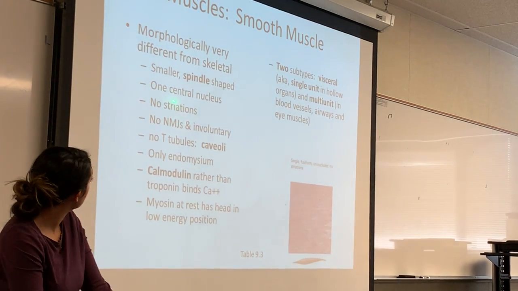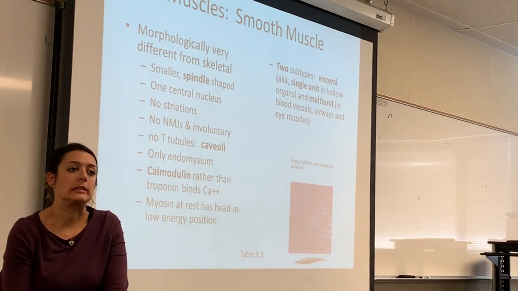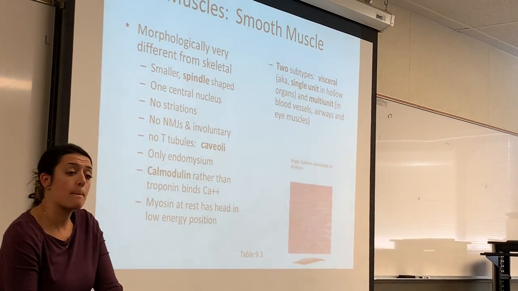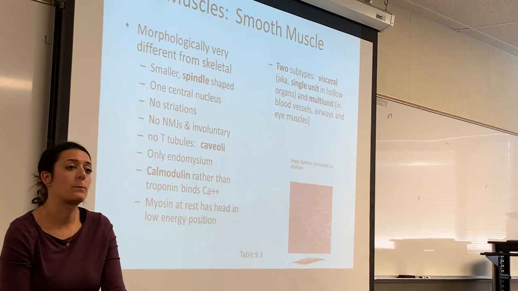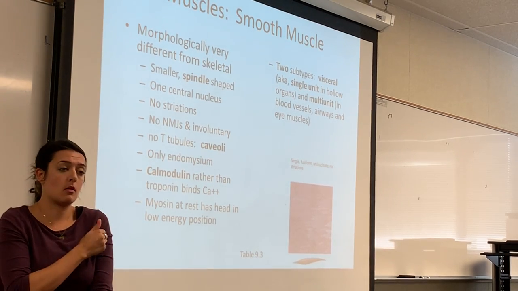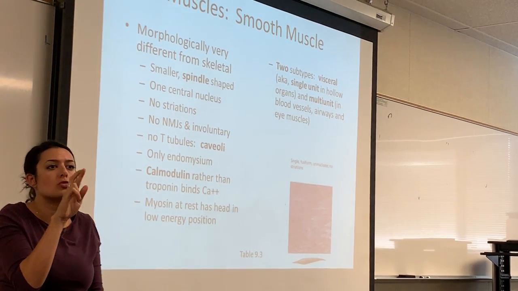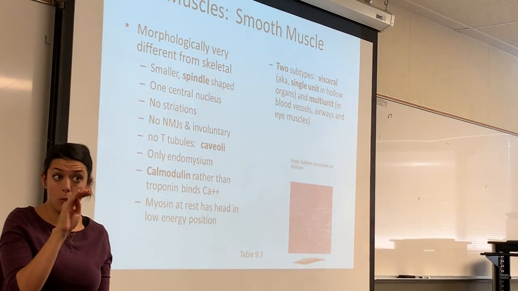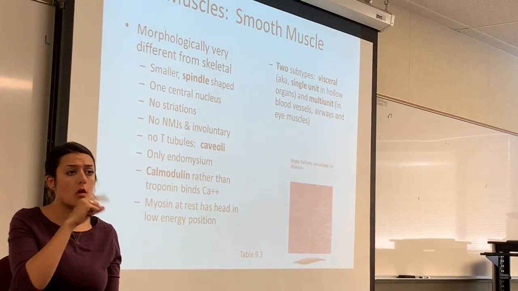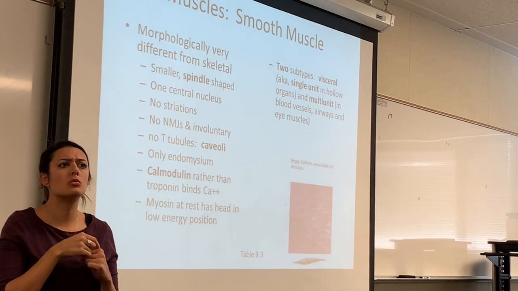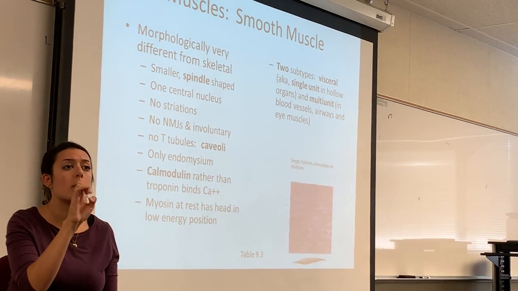There are no striations. Does that mean it doesn't have sarcomeres? There's no striations, which means it doesn't have any sarcomeres. True or false? If it doesn't have sarcomeres, how does it contract?